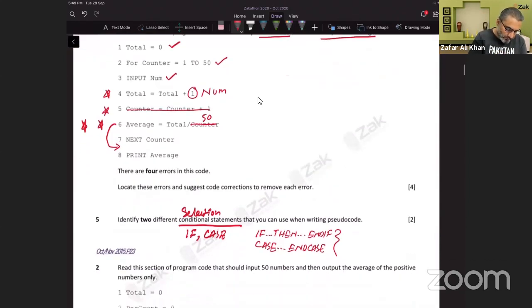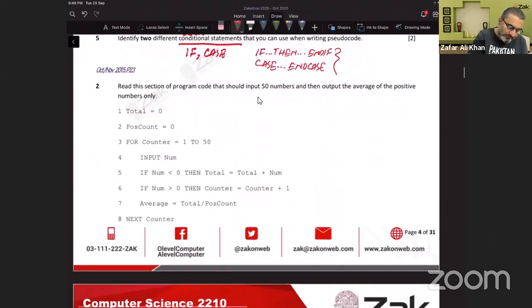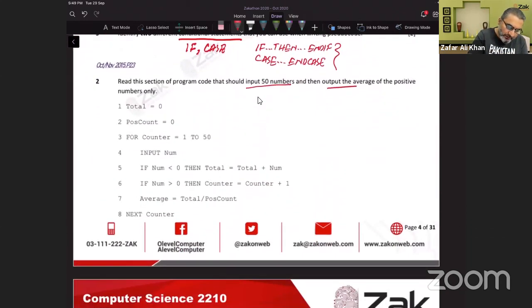All right, go further. Read this section of program code that should input 50 numbers and then output the average of the positive numbers only, not the average of everything. So this would be total with decision. If the number is greater than 0, only then total will be made, otherwise no. So total is equal to 0, positive count is equal to 0, for counter is equal to 1 to 50, input number.